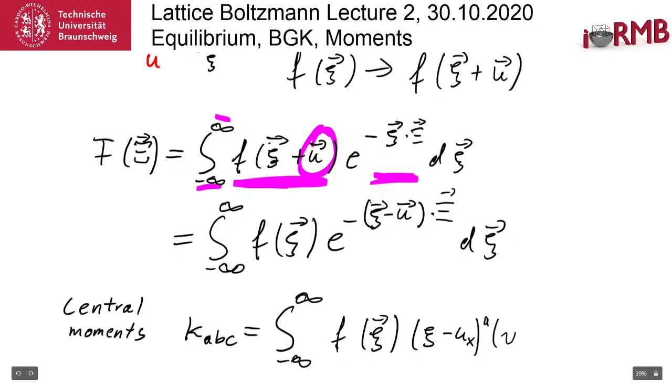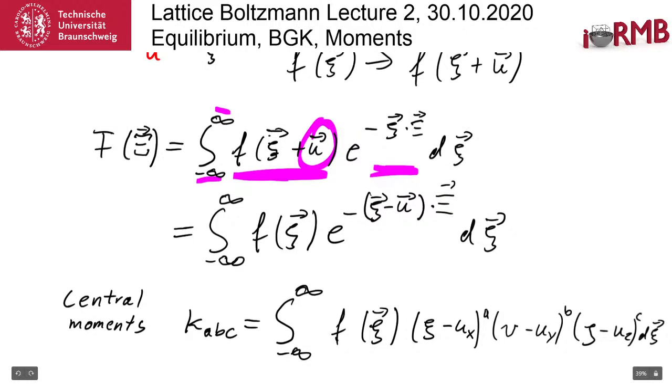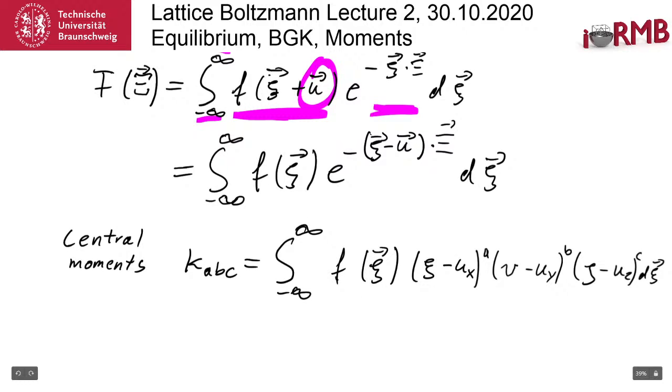So this is supposed to be an upsilon minus u_y to the power of b, and here comes a zeta minus u_z to the power of c, integrated over xi from minus infinity to infinity. This is the definition of a central moment.